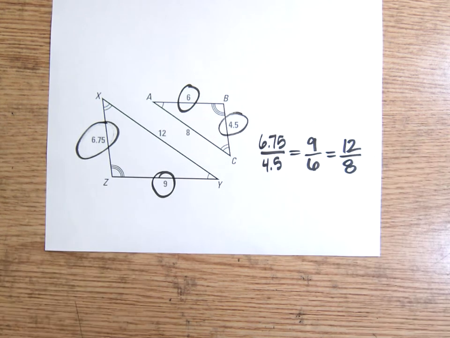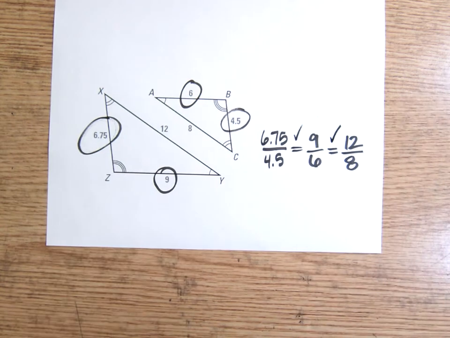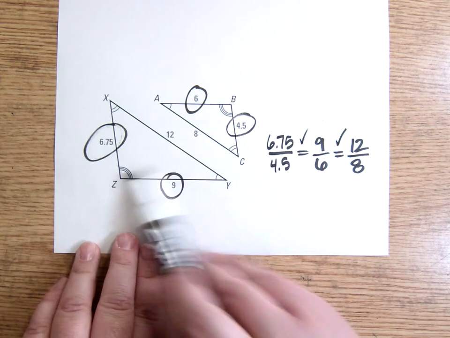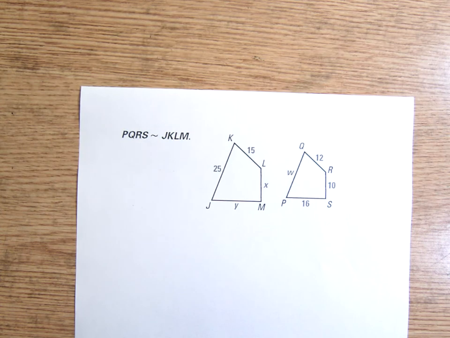So let's just double check and see if this is also 3/2, and it is. Okay, so yes, those are all proportional. And I can say, since I already see the angles, I have all the 3 angle congruences I need, that yes, those are similar.